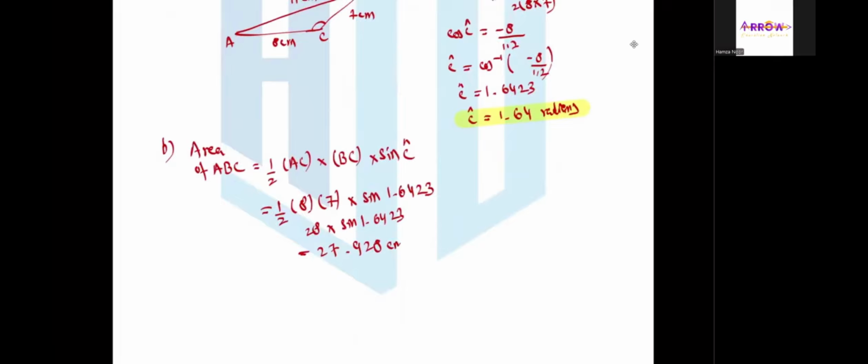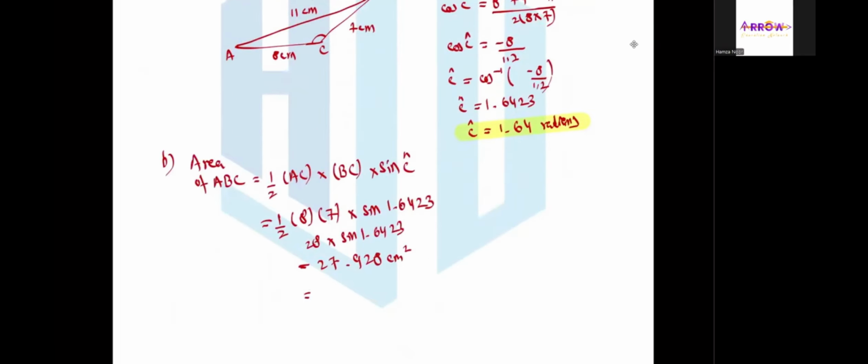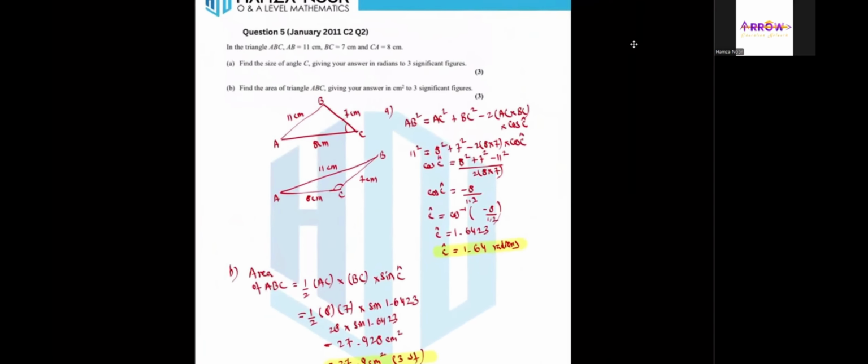Okay, and then I'm going to give my answer correct to three significant figures, which is 27.9 centimeters squared. This is supposed to be your answer to part B. All right, so this was basically question number 5 of the handout, which is January 2011, C2, question number 2.